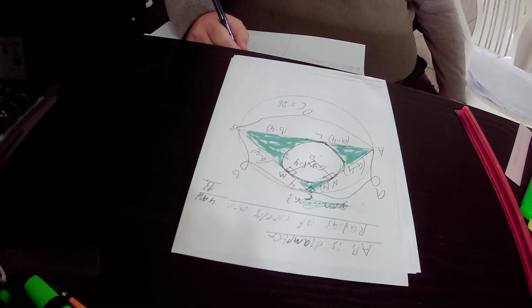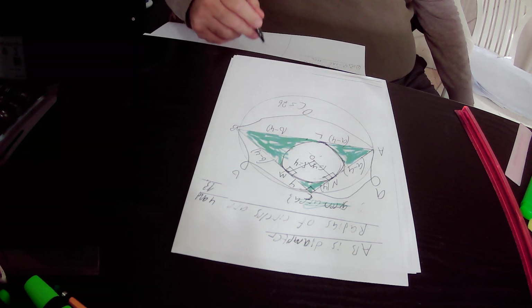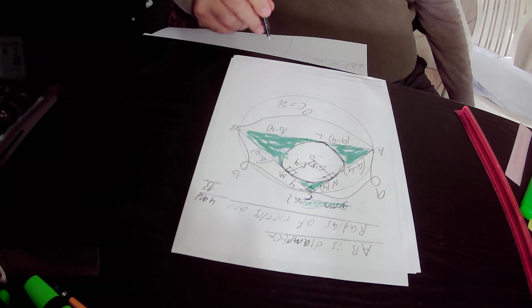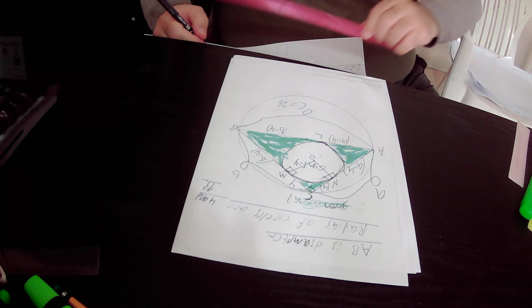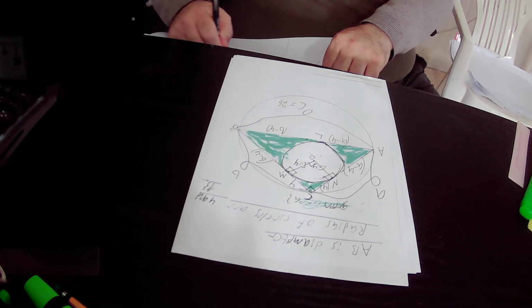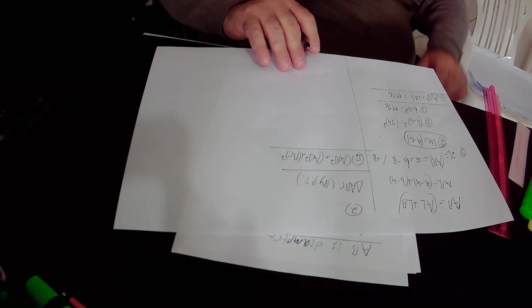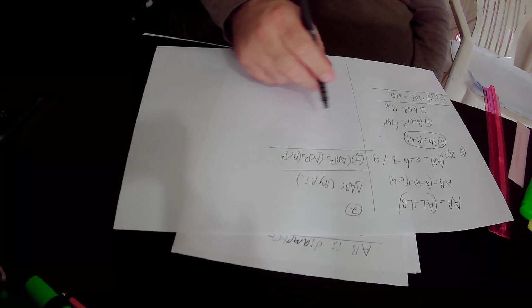It is equal to AC squared plus BC squared. So we found out that according to equation number 2, AB squared equals AC squared plus BC squared.